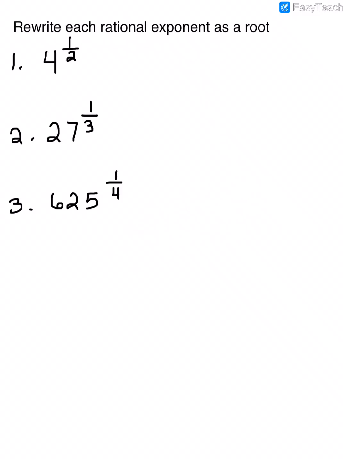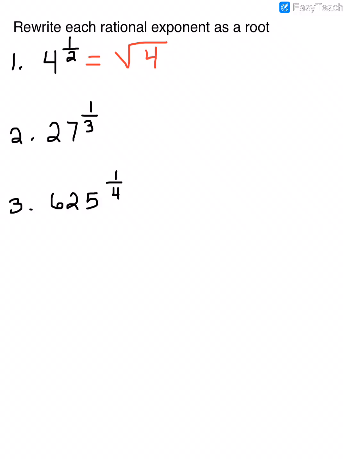This says to rewrite each rational exponent as a root. So all we're doing is rewriting it as a radical. Like I said, the number on the bottom is the index of our root. So this would just be the square root of 4. Whenever we write a square root, we don't put a number in the little pocket.